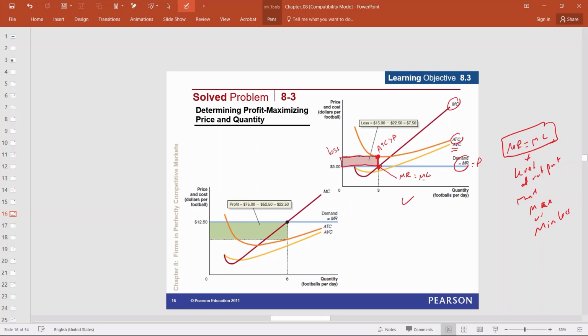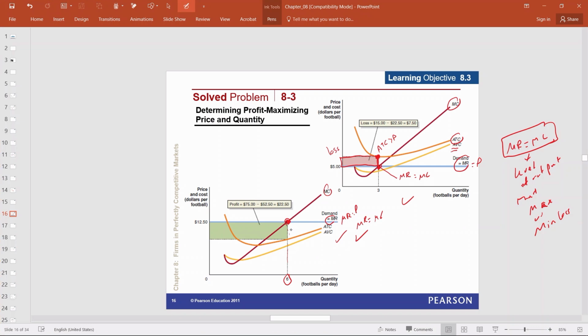Okay, now for this one, again I ask where is the level of output that maximizes profits or minimizes loss. I look at this criteria again, marginal revenue equals marginal cost. This curve is marginal revenue equals price, and this is marginal cost, and they intersect at this level of output.